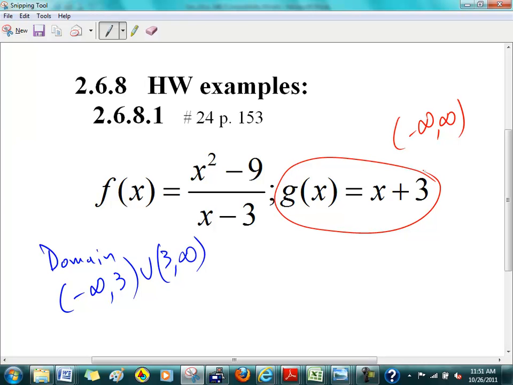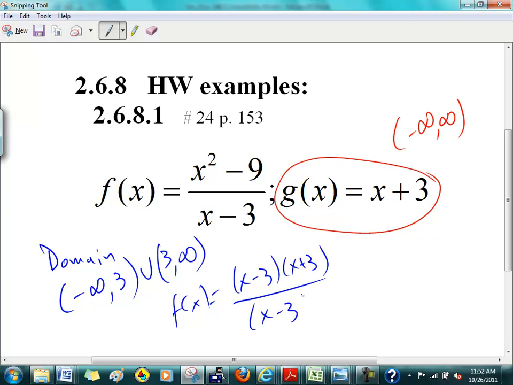It says simplify f, so we need to factor this. So this becomes x minus 3, x plus 3 over x minus 3. You cancel that. And so your simplified function is the same as what g is.